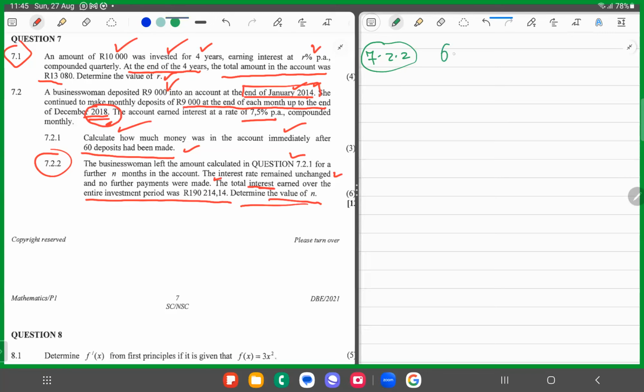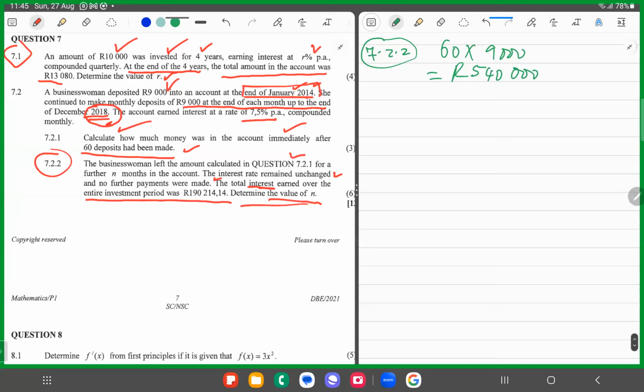You therefore have to say 60 times 9,000, because the payments were 9,000 each, which is 540,000. So this is the amount of money that was paid altogether.